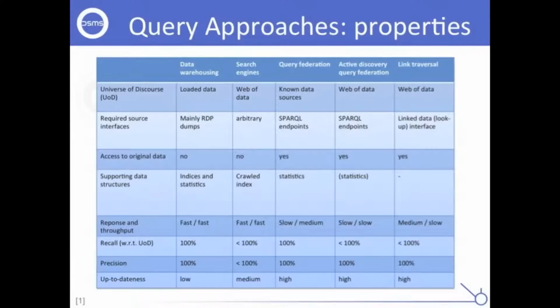In this comparative table, you will see data warehousing, search engine, query federation, active discovery query federation, and link traversal, which have different characteristics for these properties.